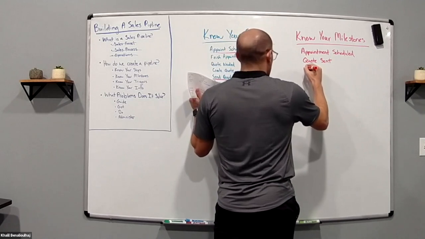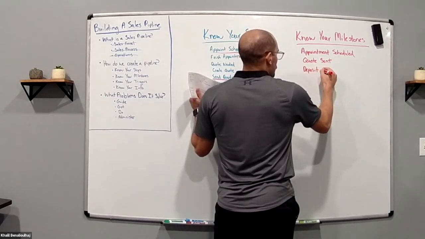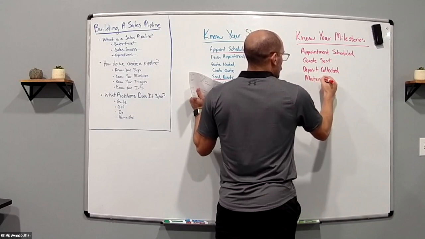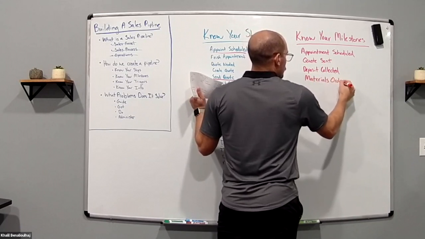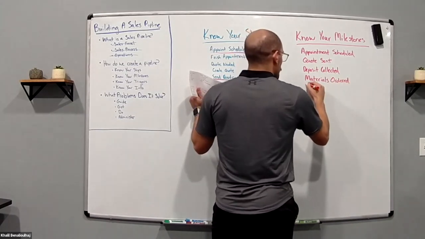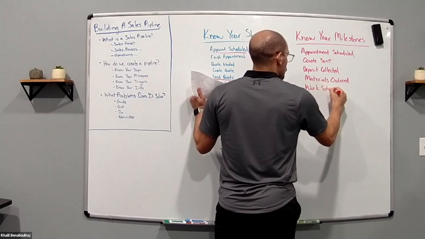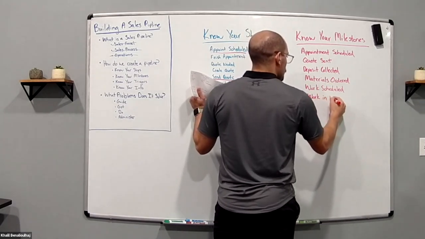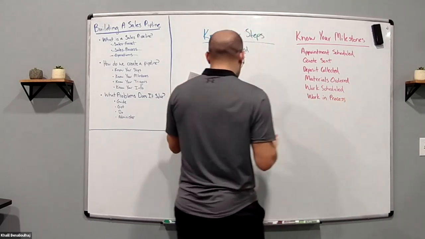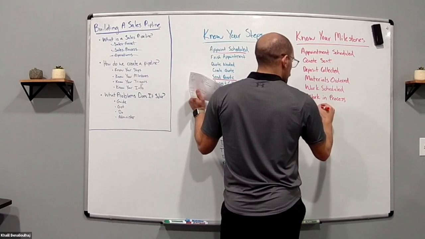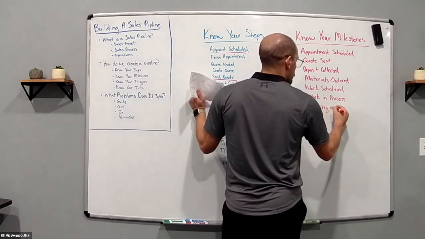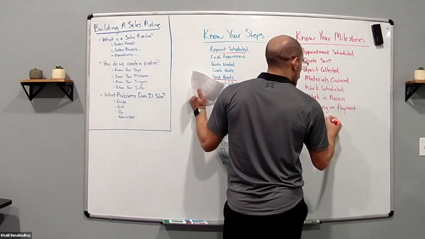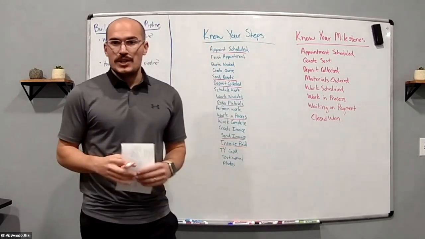Then we have deposit collected, materials ordered, then we have work scheduled, work in process, and then we're just waiting on the invoice, waiting on payment, and then we have a closed one, meaning we are done with the job, everything's finished, we're good to go.